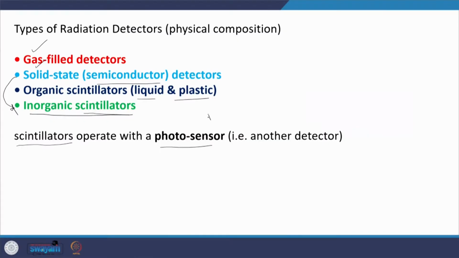One can use a photomultiplier tube, or a silicon photomultiplier, an avalanche photodiode, or a simple photodiode. There are different types of photosensors, which are themselves detectors of optical photons emitted by the scintillation material.